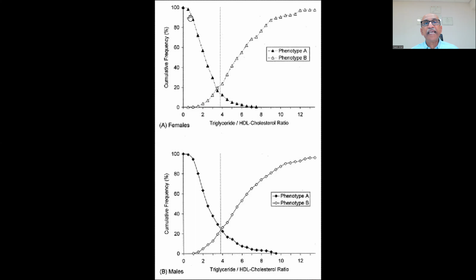So you should be in this area, meaning the bulk of your particles should be bigger, larger, fluffier, and fewer should be the smaller ones, small LDL particles with the small surface area. So in my case, initially, my triglyceride was 92 and my HDL was 27. So I was close to here.